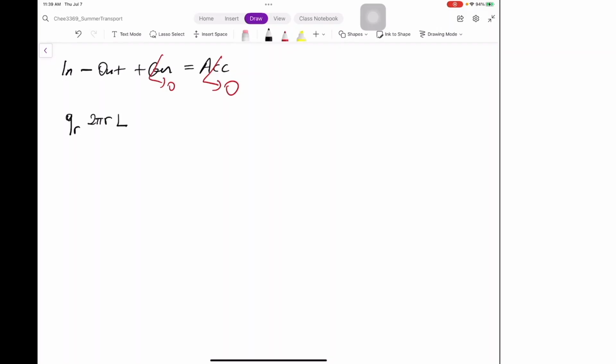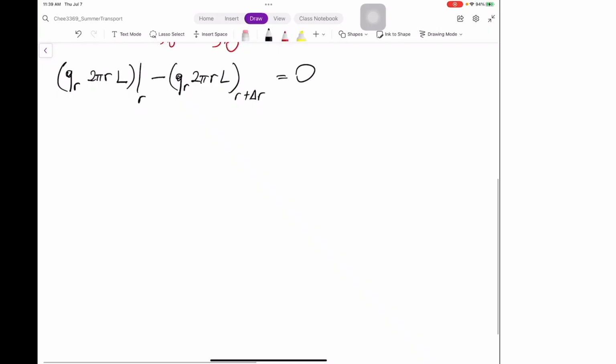It's like the area of a rolled paper, 2 pi RL. It's at R minus what's going out is the same quantity, but estimated at R plus delta R, is equal to 0.